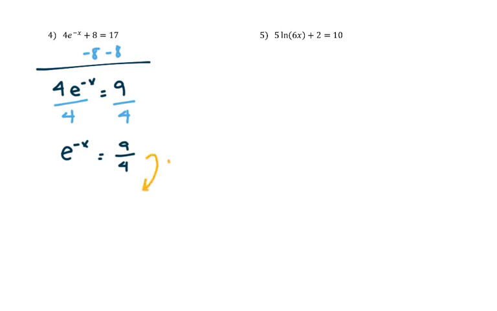So if you convert, we're going to get the log, the base is going to be e, of 9/4 is equal to negative x. At this point, log base e is just ln, the natural log of 9/4.